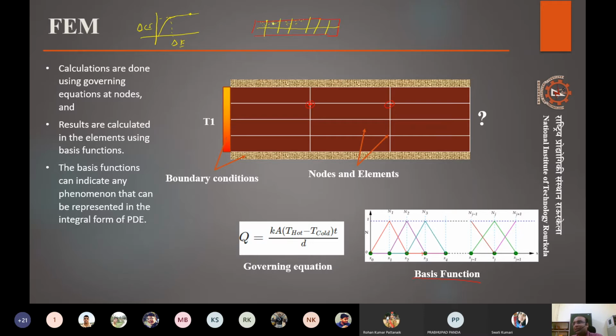However, there is a disadvantage if you reduce the number of elements, and in that case we do see some data loss, in the sense that what exact value might be in this zone is not being represented, due to the restriction given to the model that we can do calculations only at these nodes, right?